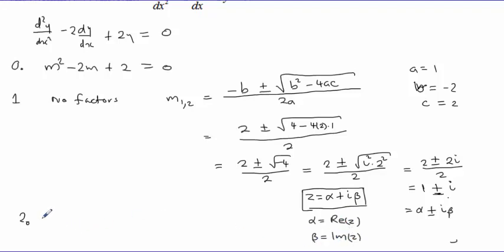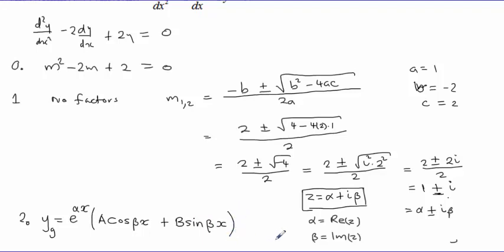We're going to say now our general solution y_g is equal to e to the power alpha x, x the independent variable for that, in brackets, a cosine beta x plus b sine beta x.